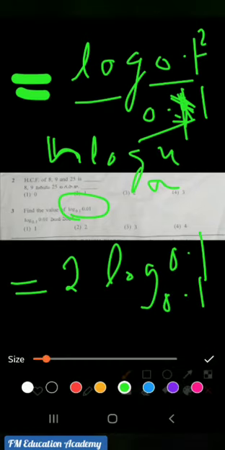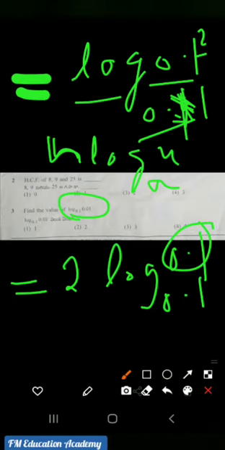So 2 log x here is 0.1, and this is also 0.1, the base 0.1. Now have we made base and x equal? Yes, we have made base and x equal, and we know we have a formula, log n to the base n is 1.